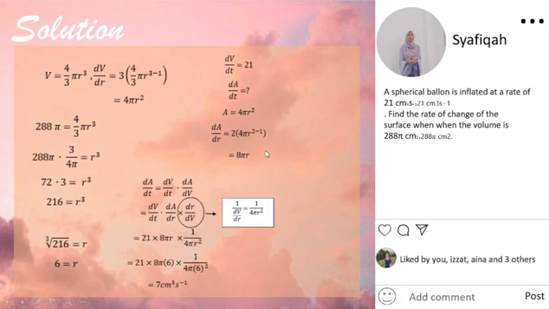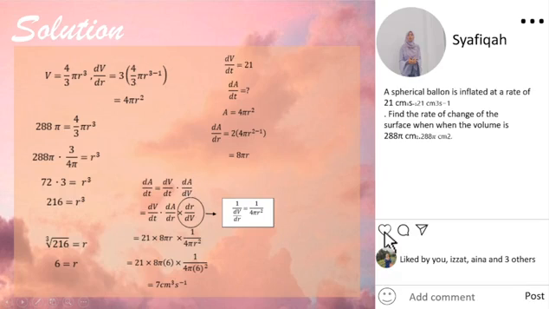Next, we want to find dA over dt. We formulate dA over dt equal to dV over dt multiplied by dA over dV.